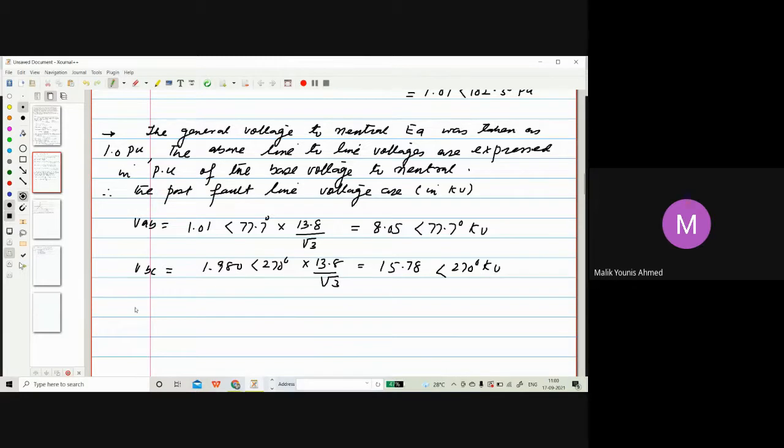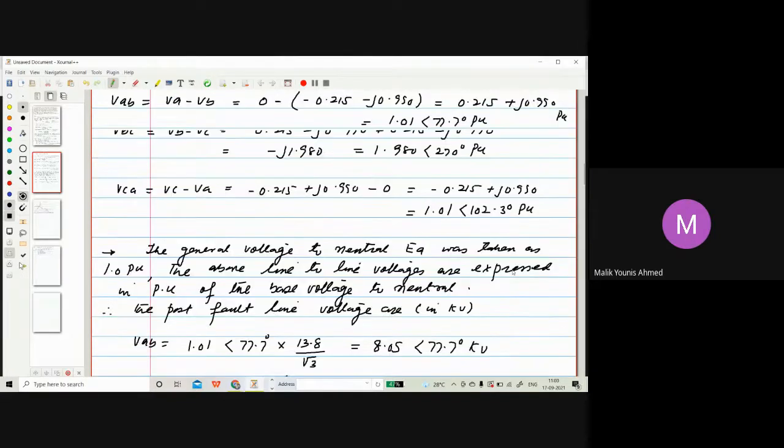And then VCA similarly will be 1.01 at an angle of 102.3 degrees multiplied by 13.8 over under root 3, and that value will be 8.05 at an angle of 102.3 kilovolts. So these are the actual values you have to find.